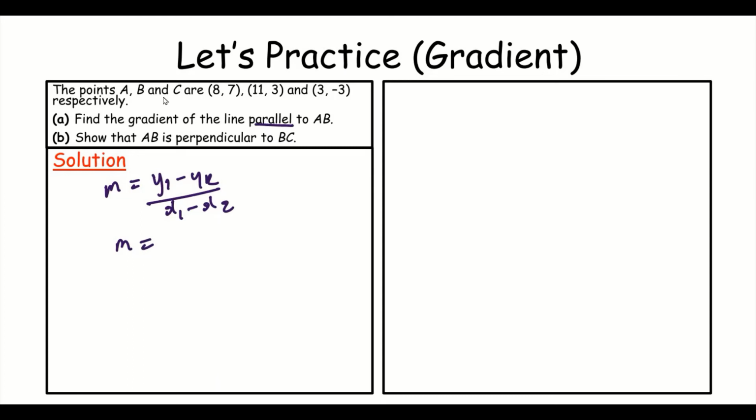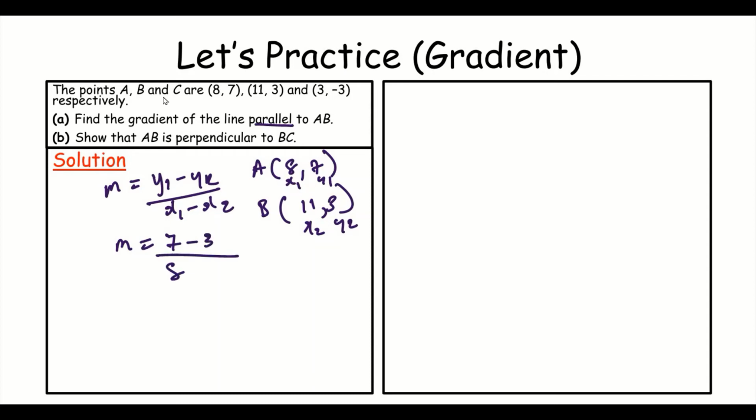So m will be equal to, what's our points? Using the points A, which is (8, 7), and B, which is (11, 3). So this will be my x1, y1, x2, y2. Hence I can say 7 minus 3 over 8 minus 11. So m is equal to 7 minus 3, 4, and 8 minus 11, negative 3.